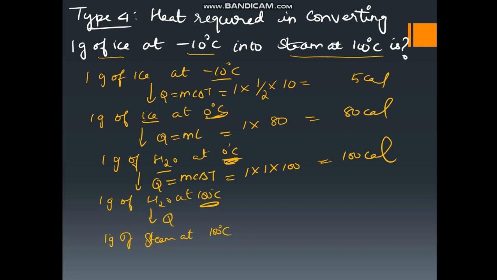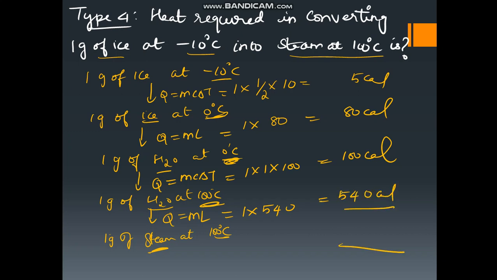Next, water is converted to steam at the same temperature, so change in phase: ml for change in phase, mc delta T for change in temperature. So 1 into latent heat of steam, 540, which is 540 calorie.